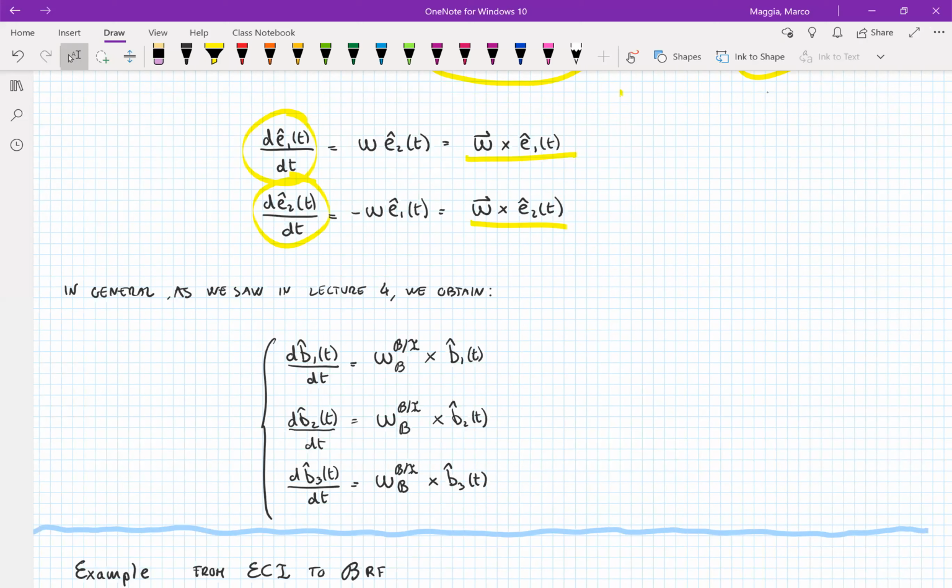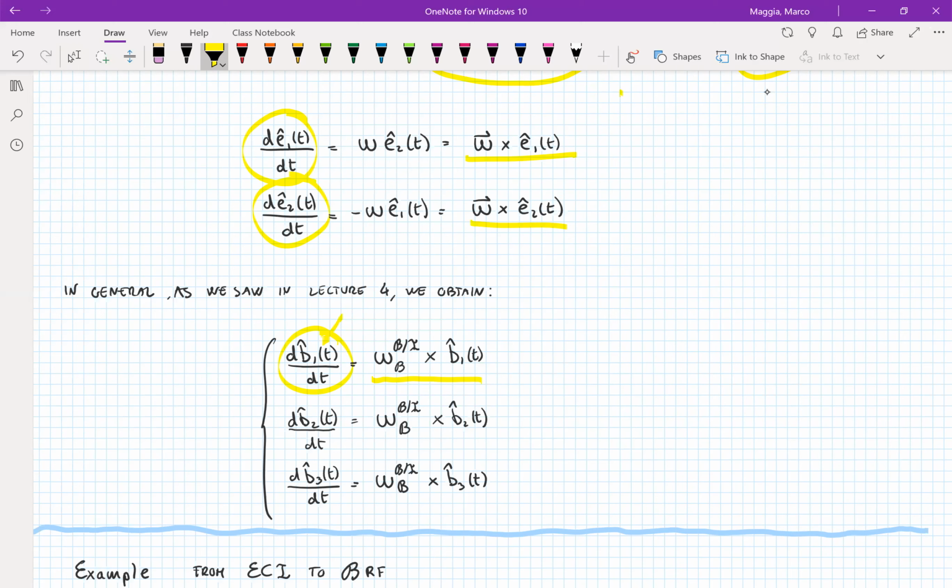But anyway, what I want you to know is that this applies for any vector. So the derivative of a vector that changes with time is equal to the angular velocity cross product the vector itself. Of course, if the vector is time invariant, then it wouldn't change.